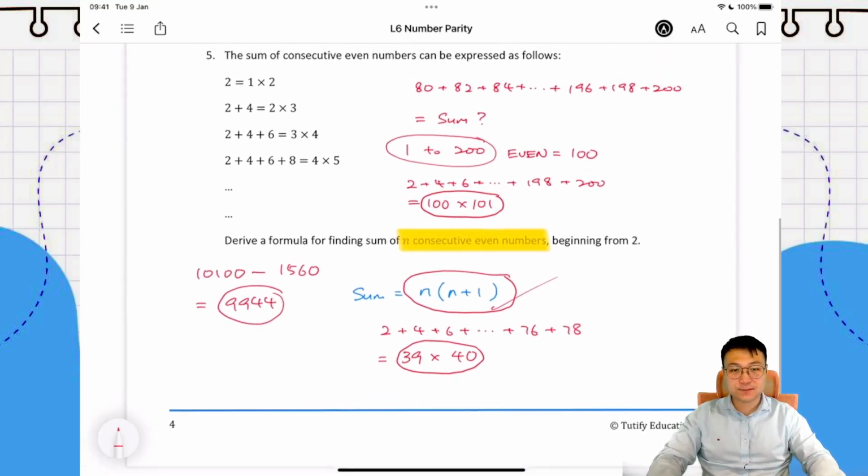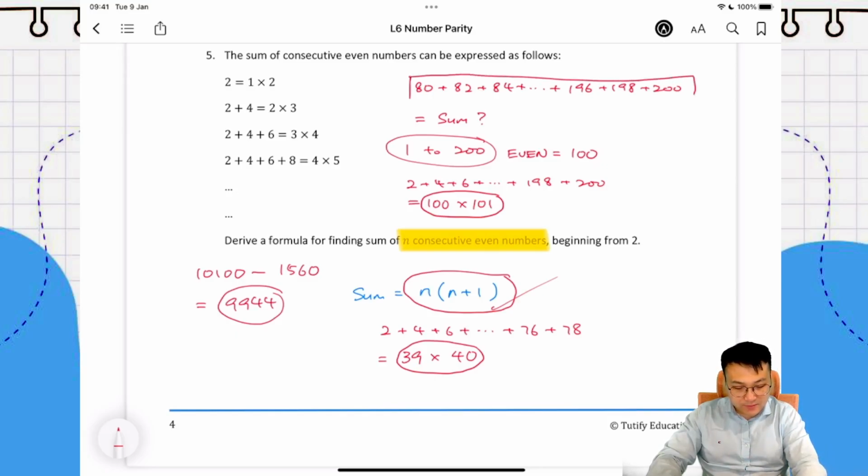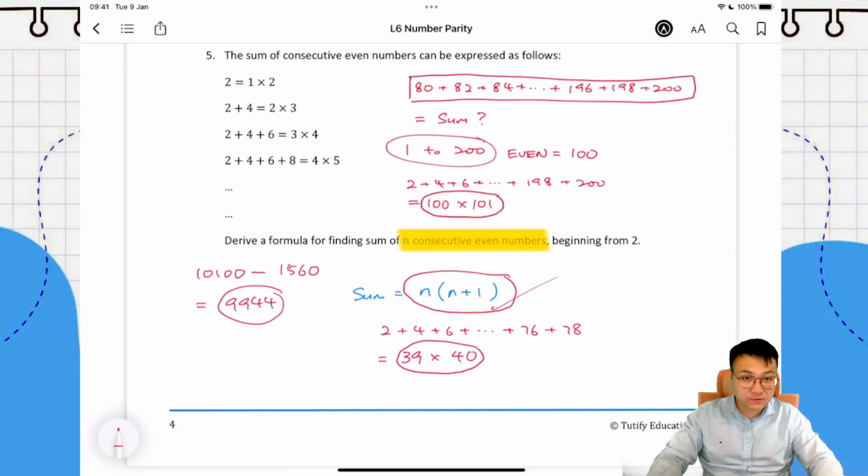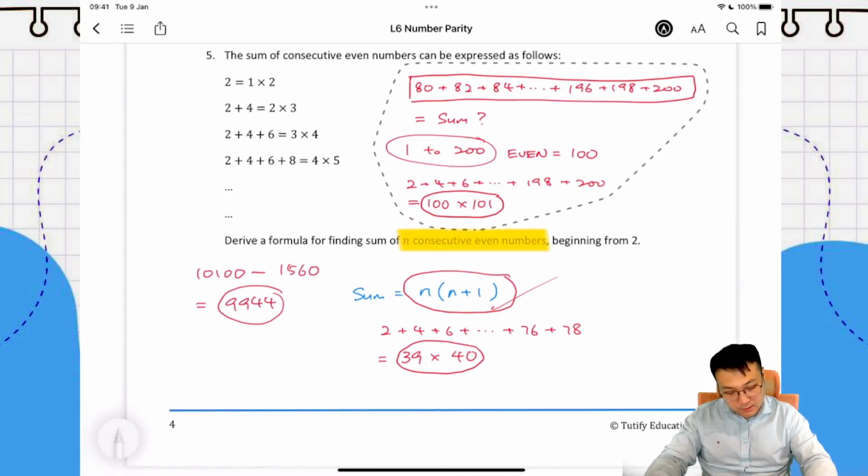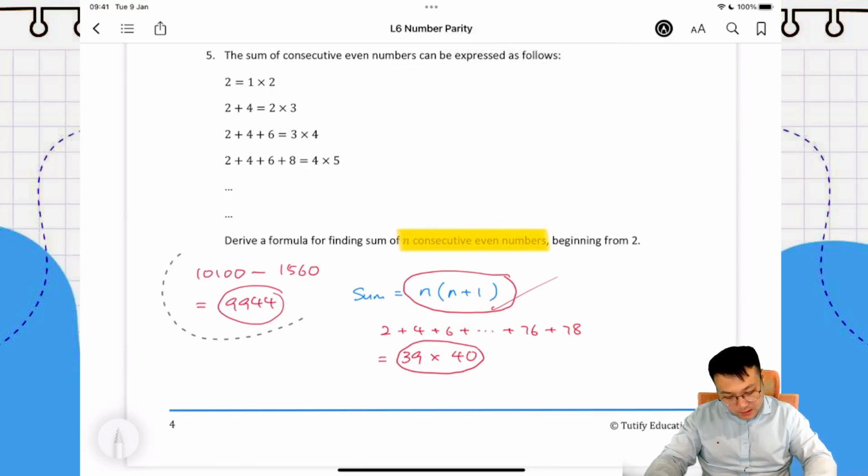Any questions, students? Please take note, this formula only works if you start from the number 2. So if I'm starting from 80, you can't just apply this formula just like that. You have to start from the number 2. Okay, everyone? Any questions?